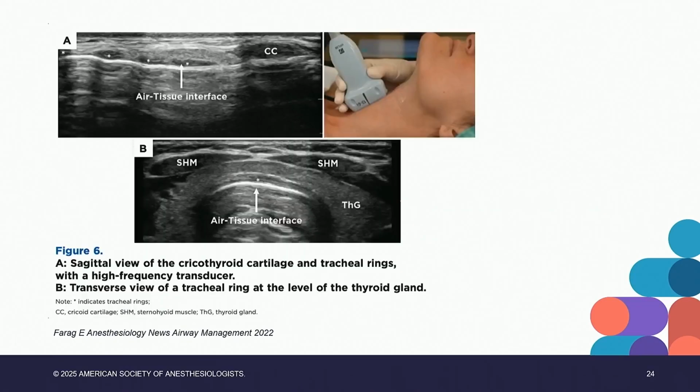And here, also, you have the air tissue interface, and you have seen the cricoid cartilage here, and this is the tracheal ring as a string of beads in this long axis. Here in the short axis, you have sternocleidomastoid, and you have the air tissue interface, and the tracheal ring is like an inverted U-shaped.